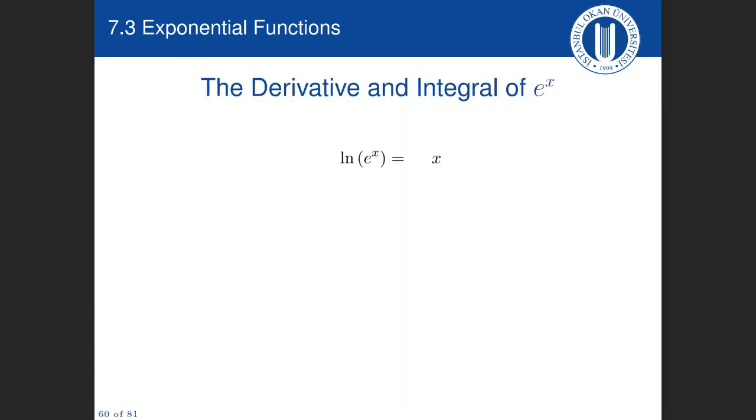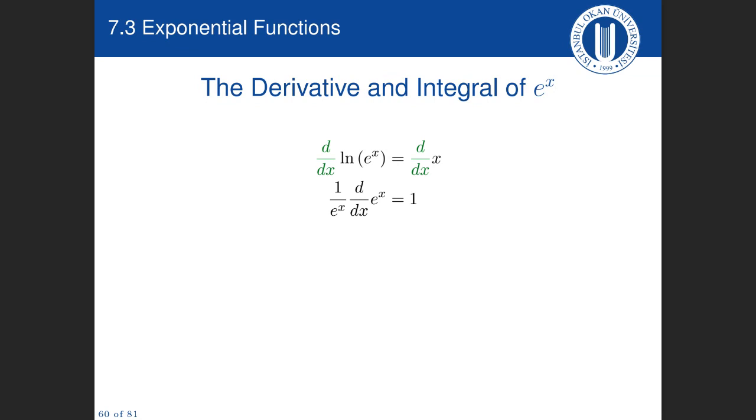I want to move on to talking about the derivative and the integral of e to the power x. And I'm going to start with our equation. Ln of e to the power of x is equal to x, and I'm going to differentiate both sides. The derivative of ln e to the power x is equal to the derivative of x.